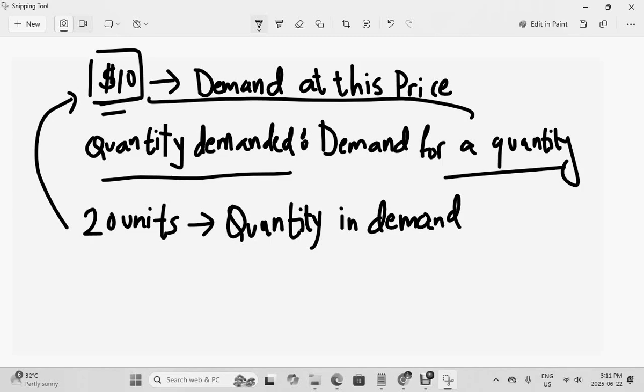Now, when you look at a graph, you have supply over here. This is your supply curve, and this is your demand curve. When it comes to supply, as the price goes up, the supply curve has an upward slope. The reason is that as the cost of production goes down, the supplier is able to produce more. Right where it meets the demand curve would be your point of equilibrium.